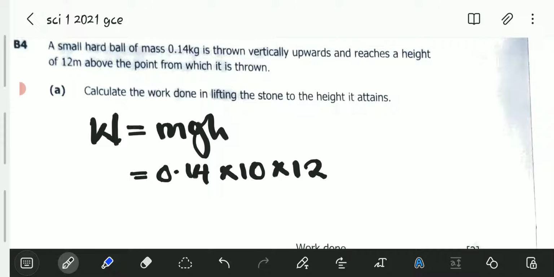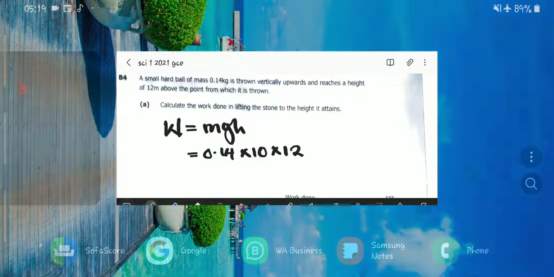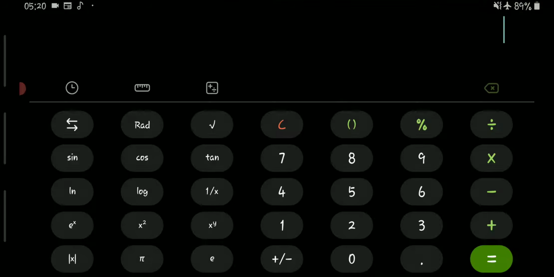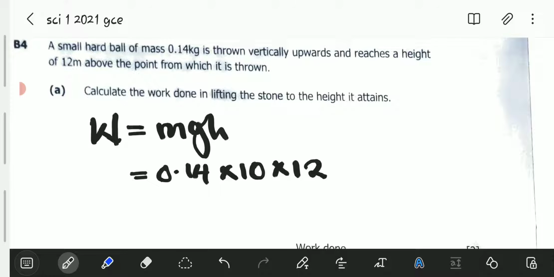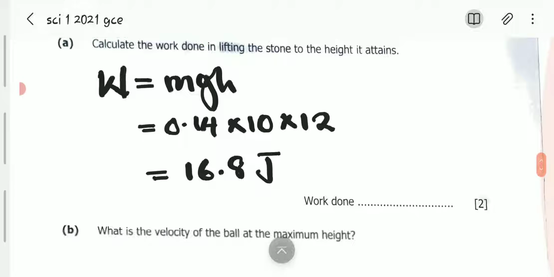Using a calculator, 0.14 multiplied by 10 multiplied by 12 gives us 16.8, so this is equal to 16.8 joules.